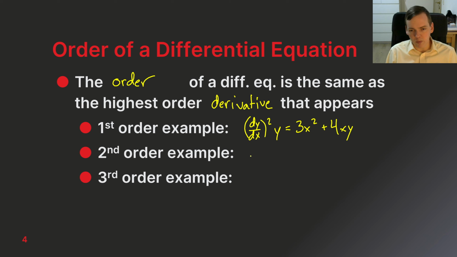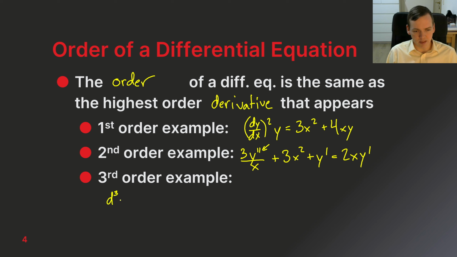Second order would be something like y double prime, say times 3, let's throw a divided by x. I'm just throwing random things in here, obviously, just to throw some interesting things in. But in this case, we see that we do have a second derivative right here. And we do have first derivatives, but we don't care about that. This is still a second order equation.